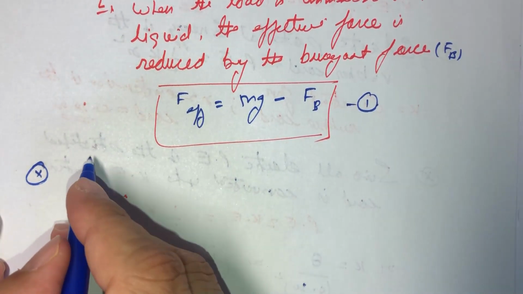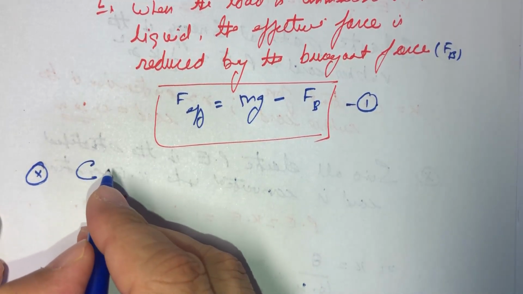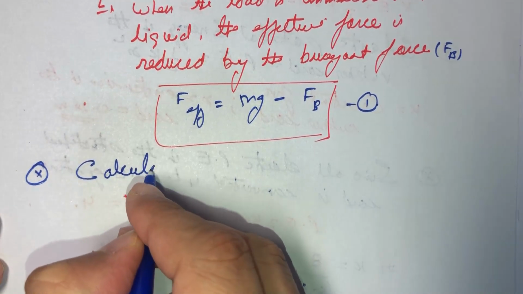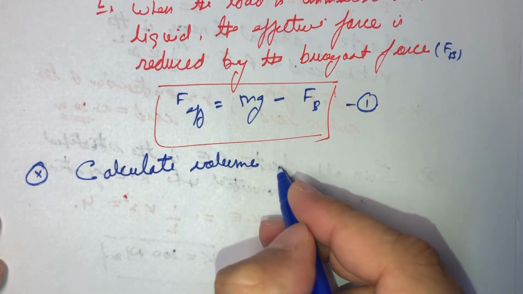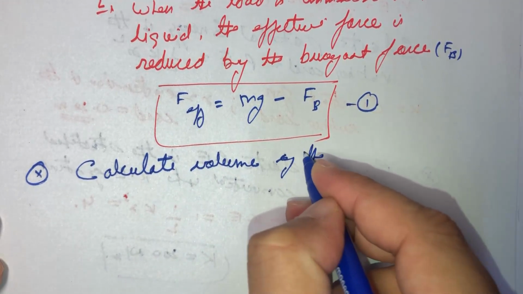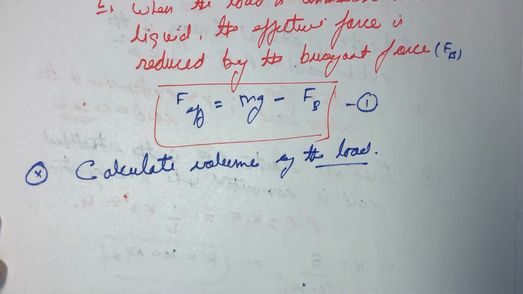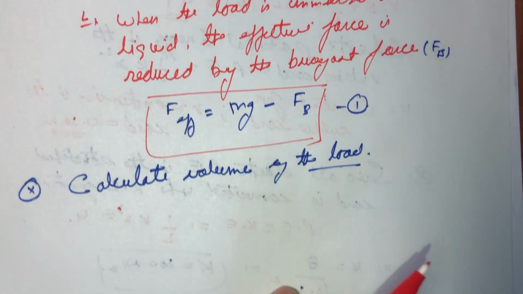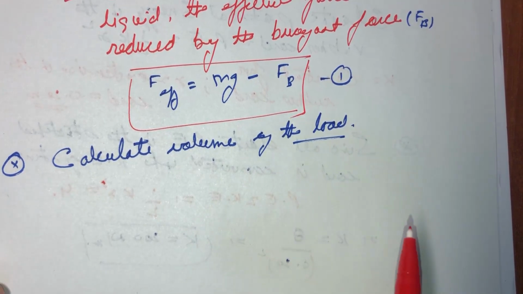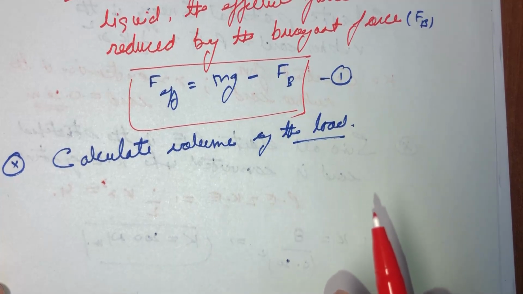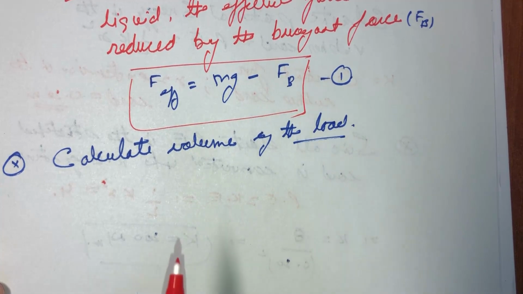Next, let us calculate the volume of the load. And in the question itself, we are given that the relative density of the load is the ratio of the load's density to the density of the water.